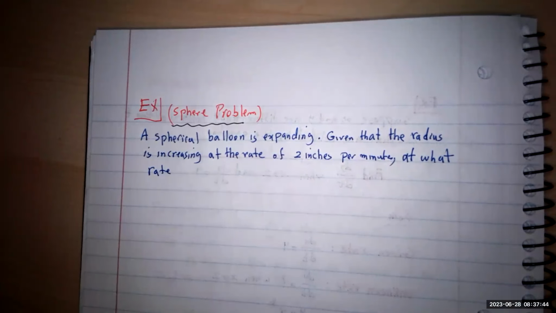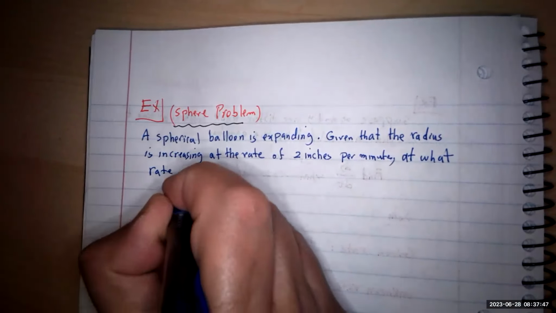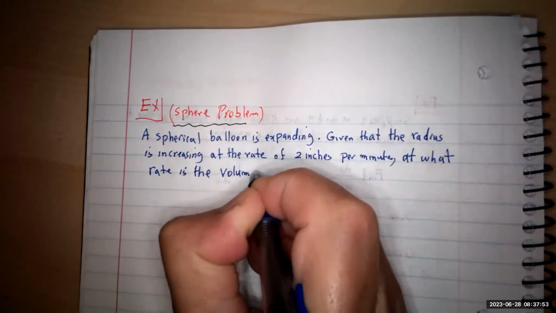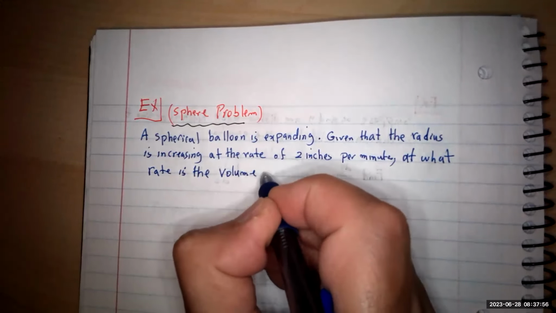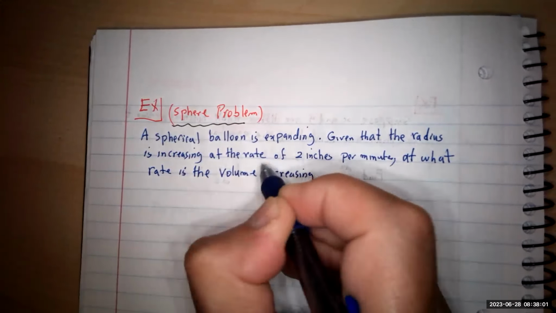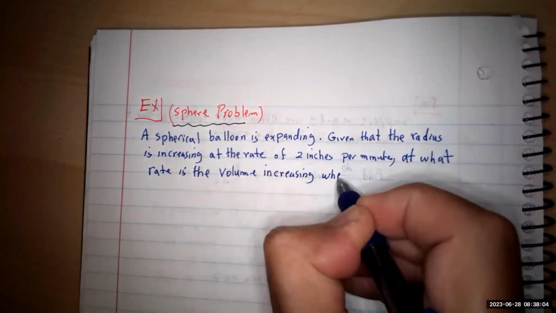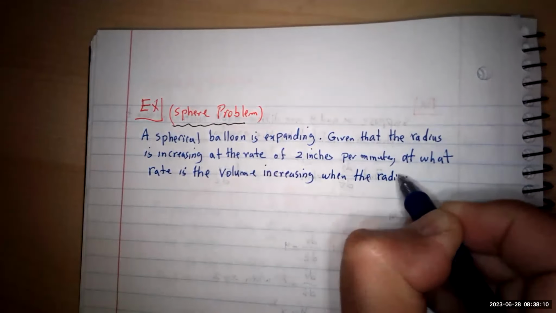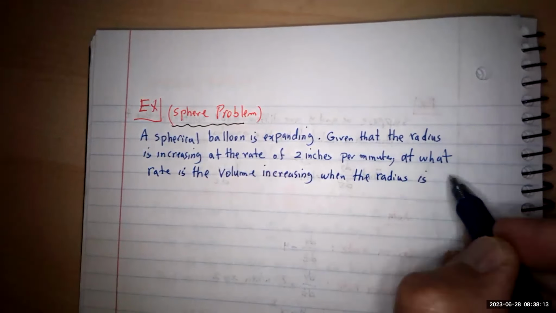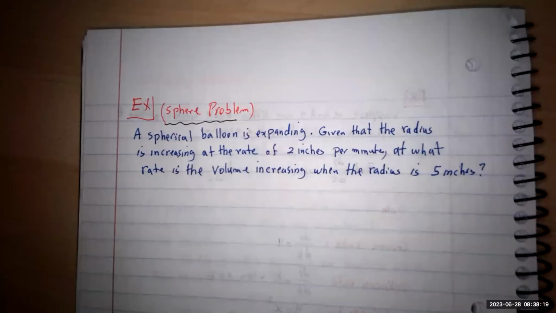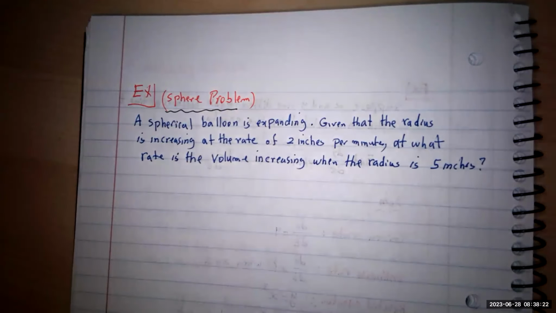At what rate is the volume increasing when the radius is 5 inches? That's the famous sphere problem. There are 2 possibilities for this problem. This is the first one.